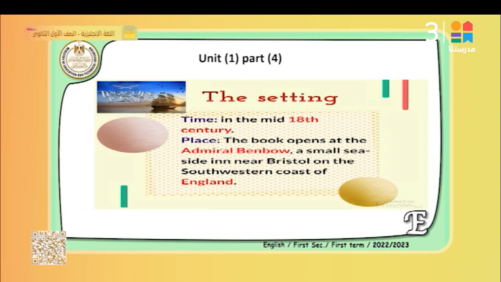So there is an inn called the Admiral Benbow. It's near Bristol in southwestern England. Okay, so the time is the 18th century and the place is England near Bristol, in the Benbow Inn. The inn is a small hotel.